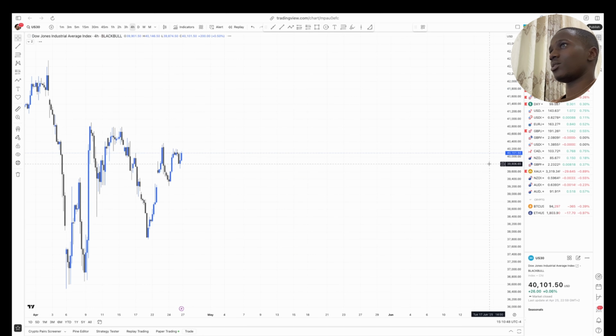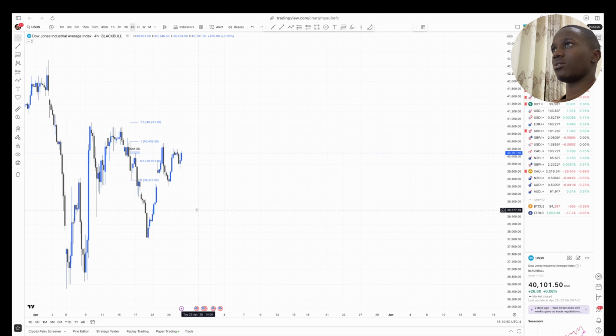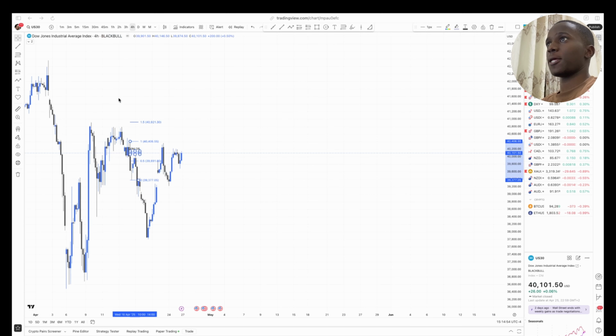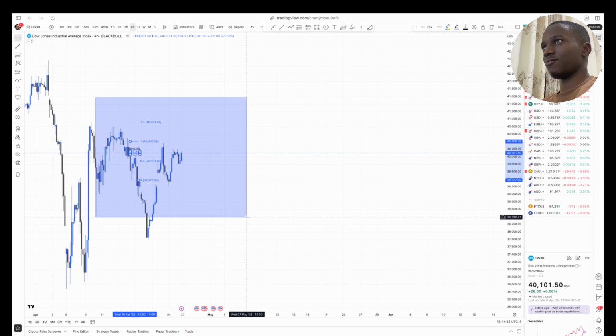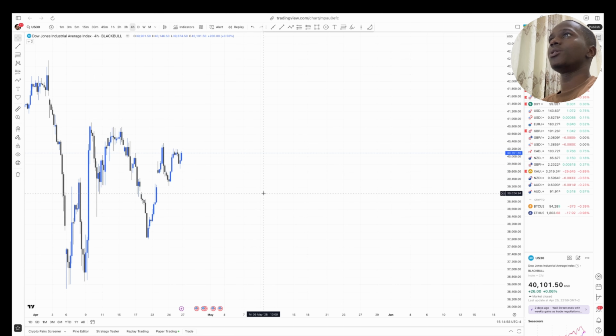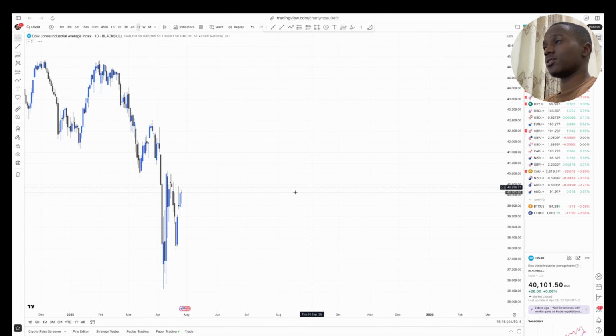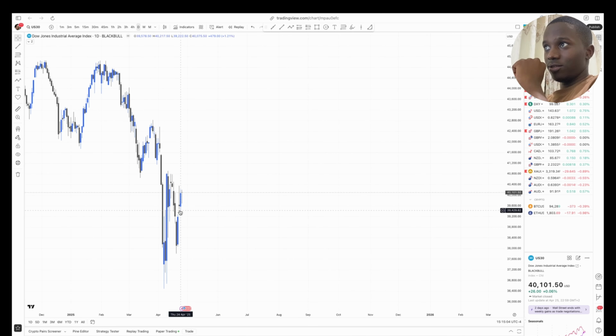If we switch to this chart, you can see it's almost the same. So we can see that the US30 is giving the same image. Let's go to the daily a bit and we can see how it's wanting to go. So we had a liquidity void right here, and you can see it has already been filled, and we might look to take out some buy side liquidity right here. Let's go to 2 hour.